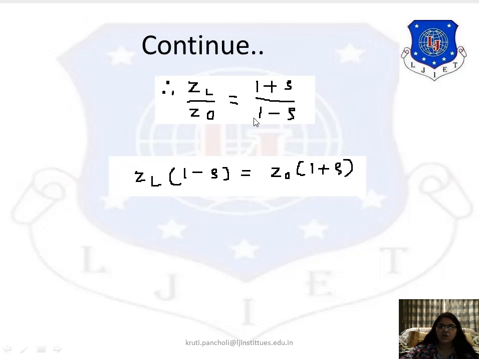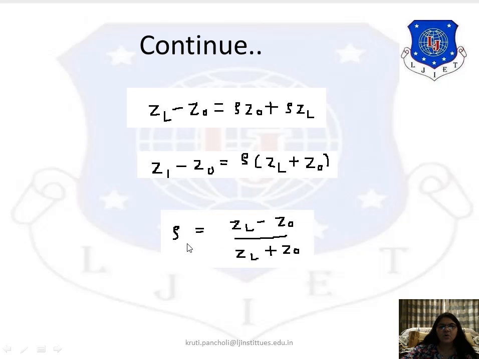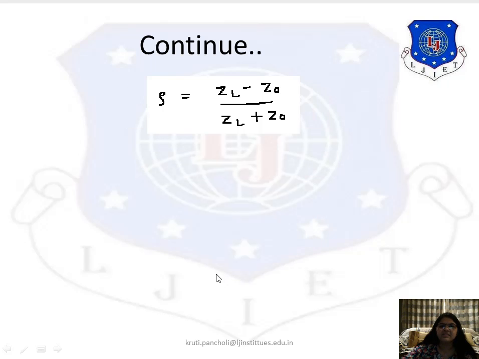Cross multiplying, ZL times 1 minus rho is equal to Z0 times 1 plus rho. So ZL minus rho ZL is equal to Z0 plus rho Z0. So ZL minus Z0 is equal to rho Z0 plus rho ZL, which is rho times ZL plus Z0. So rho is equal to ZL minus Z0 upon ZL plus Z0.